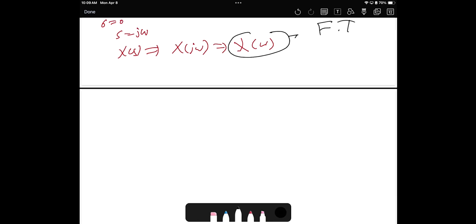Okay, so I can say, assume we have s equals sigma plus j omega. So if sigma equals 0, this equals s equals j omega, which means we are on the imaginary axis.